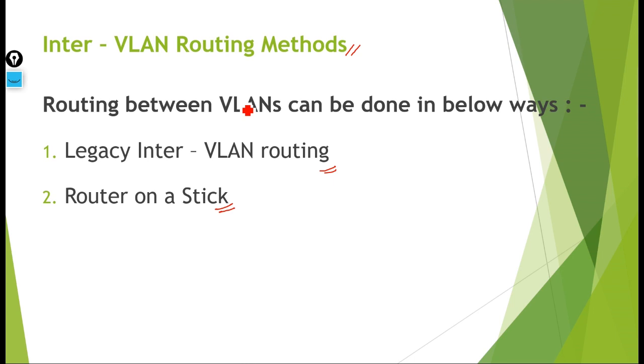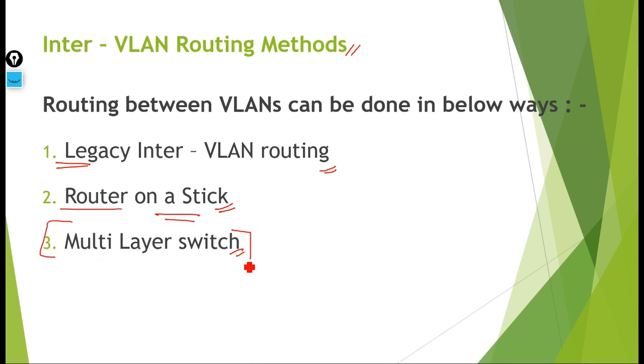Then we have the multi-layer switch, by which you can also perform inter-VLAN routing. Multi-layer switch is out of scope; it is on the next level, CCNP. So we'll talk about the legacy inter-VLAN routing and router on a stick in detail.